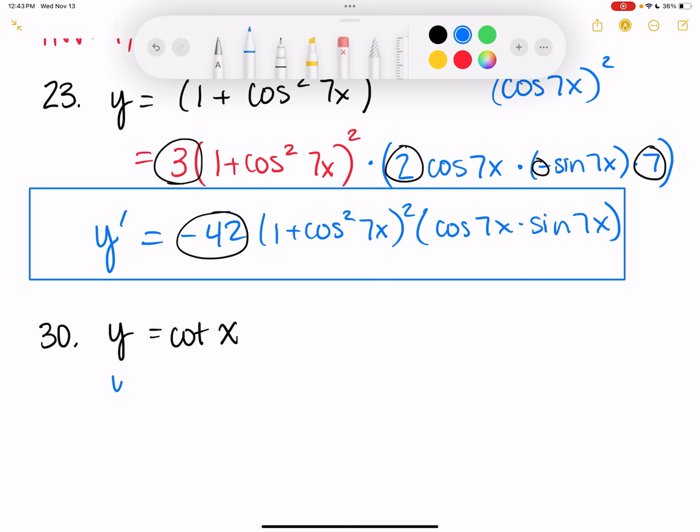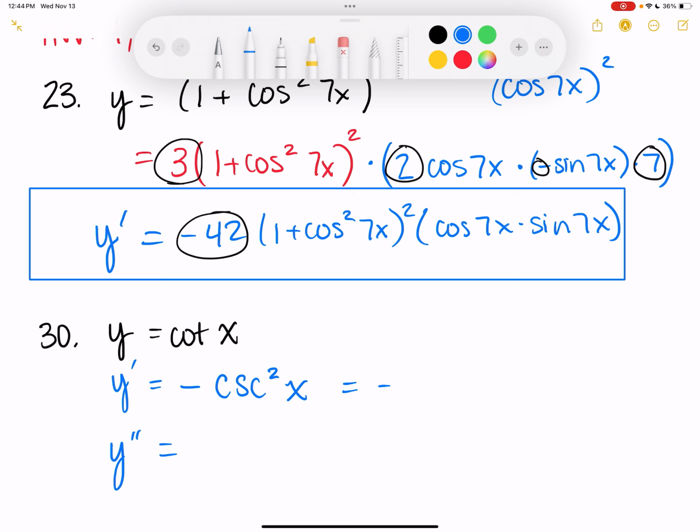Alright, what's the derivative of cotangent? I'm thinking. Hold on, I'm writing down the problem. Negative cosecant squared x. Yep. And I need the second derivative. So how would I find that? Let me rewrite this as negative cosecant of x squared.